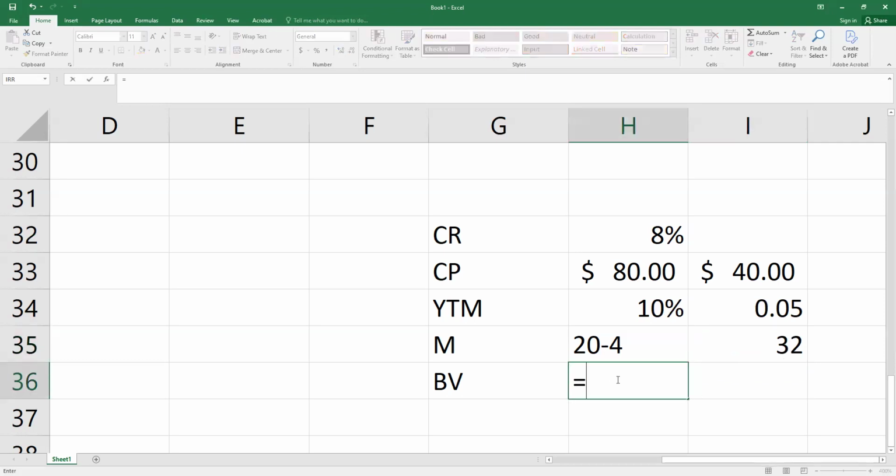So if you want to calculate the PV, the bond price, the rate is this. Number of periods is 32. PMT is this, and face value is this.